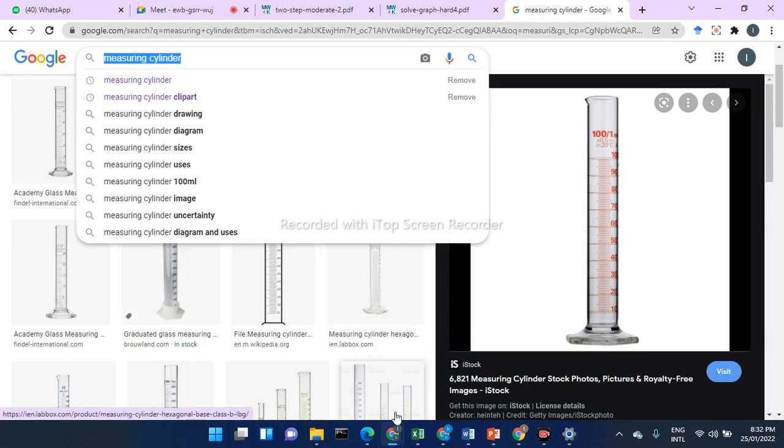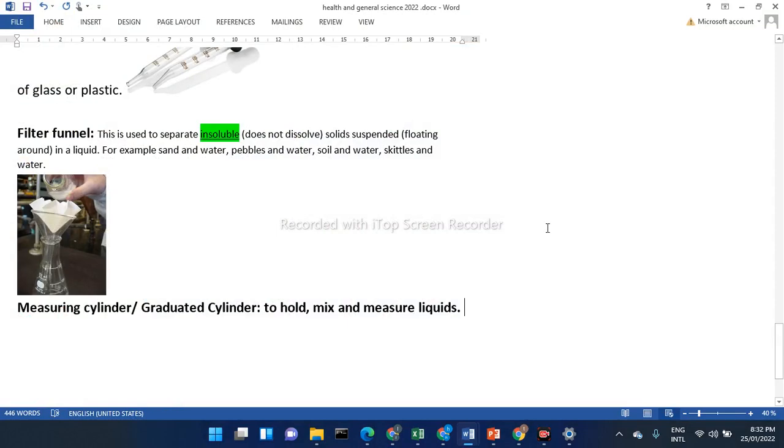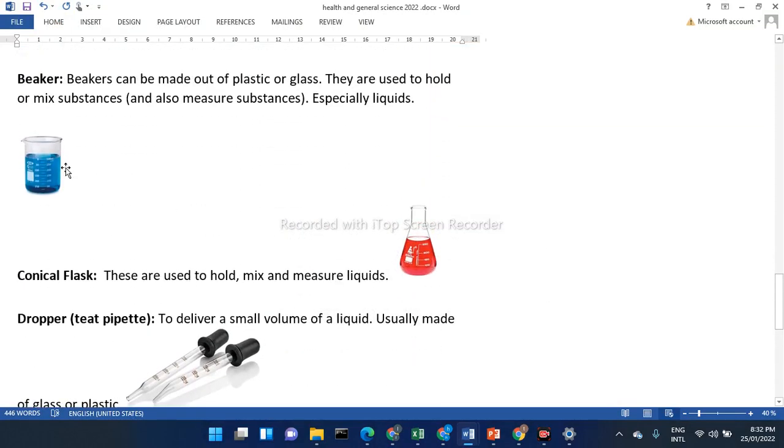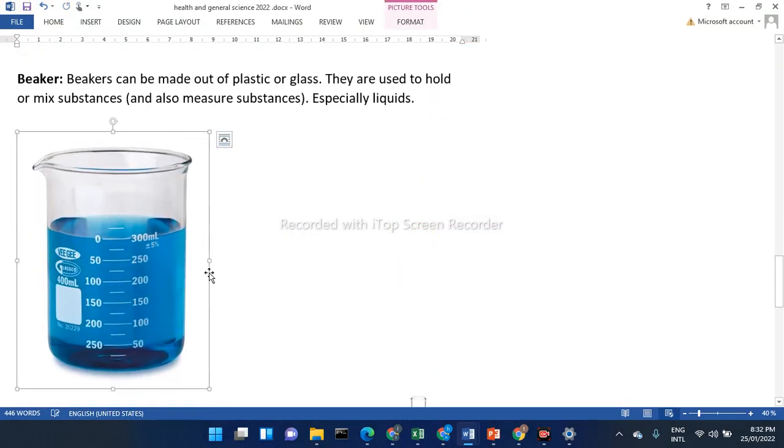If we look at the picture of a beaker that we saw earlier, the units go from 250 all the way to 300. So this is a gap of 50 in between, and it's a huge gap. You would have to do a lot of approximation with this type of apparatus if you're trying to measure.